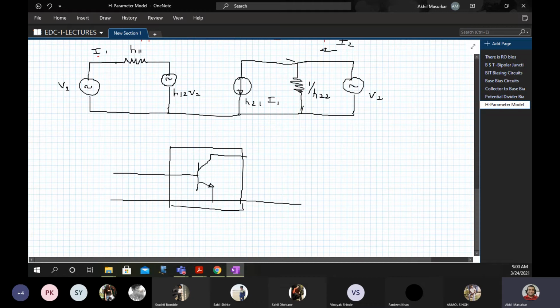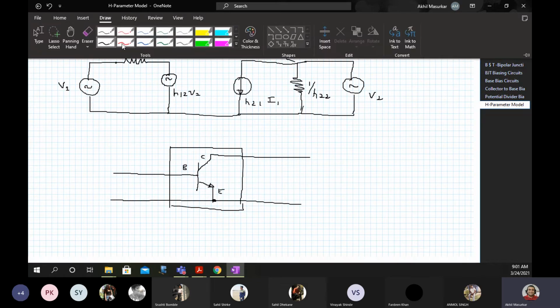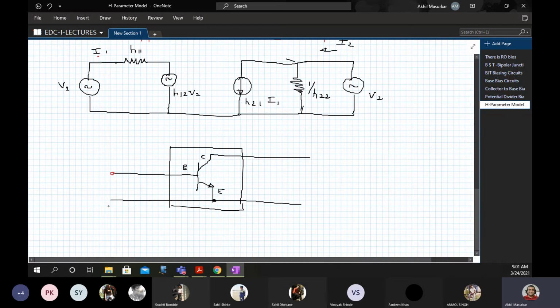That is common emitter configuration. So here we have base, collector and emitter. Here we have VBE, here we have IB, here we have IC and here we have VCE.